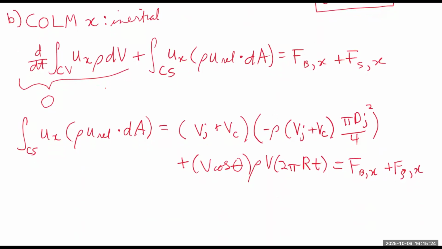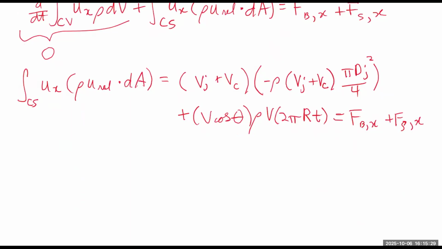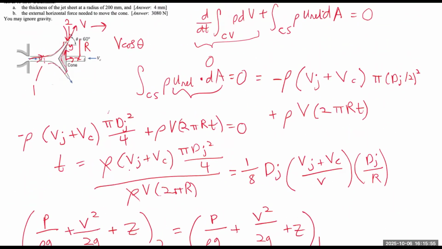And that force will be opposite in magnitude to what Fs is because of Newton's third law. So we have no gravity because gravity is negligible here. And Fsx is going to be equal to negative F.